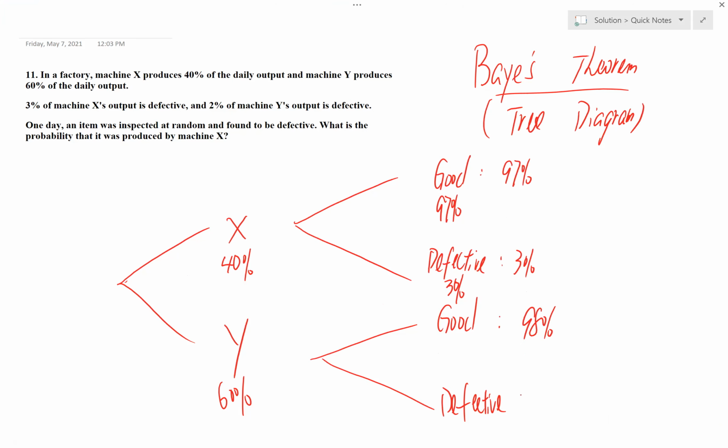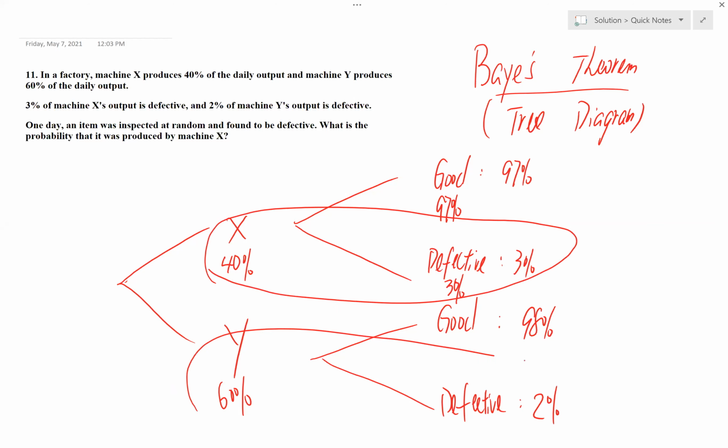Okay. And one day an item was inspected at random and found to be defective. And we know that defective come from this source, could be machine X, could be machine Y. Okay. And we want to see what's the probability that it will be produced by machine X?